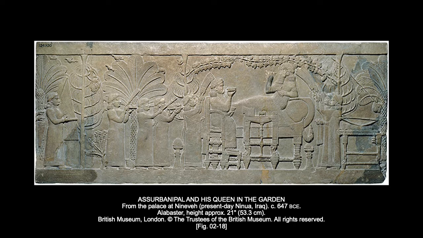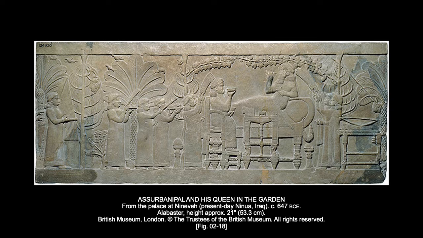But if you look closely, you might notice off to the side here, we actually have the enemy's head hanging from this tree. So this is likely a celebration of the king's defeat of an enemy here. So a bit gruesome in the details, but tells us about the context of the scene, right?